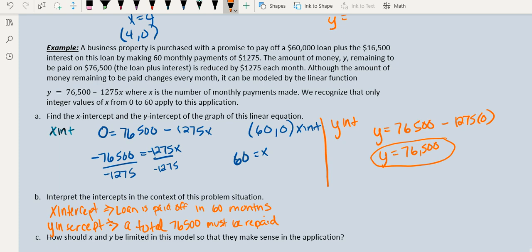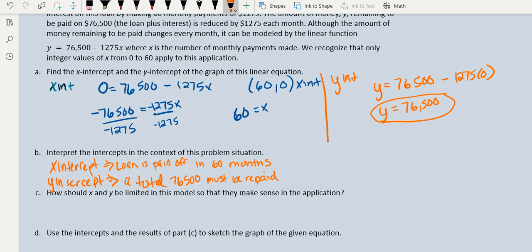How should x and y be limited in this model so they can make sense in this application? Since we know that the time that we pay is 60 months, a value larger than 60 will result in a negative value. This makes no sense in this application.